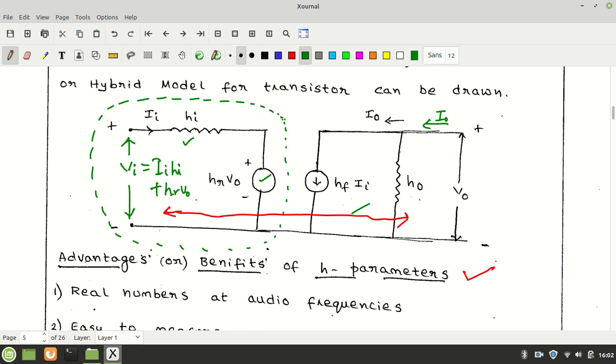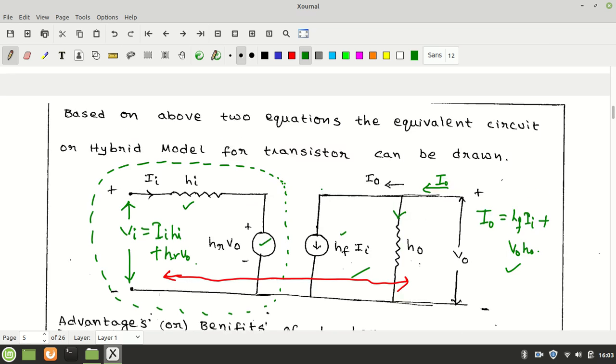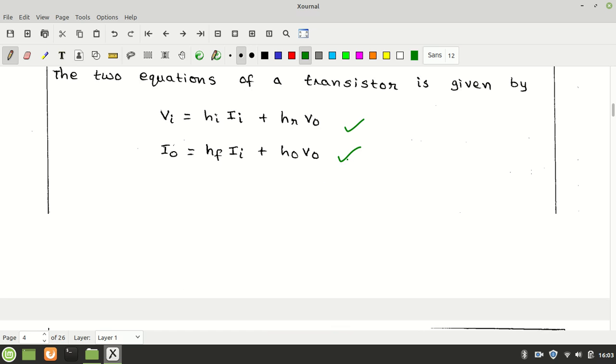So I0 is divided into two parts, one along this direction and another along this direction, which is the current source, Hf into Ii, because Hf has no dimension. So Hf into Ii is another current, and you can say this is a current source. So I0, according to KCL, is Hf into Ii plus, as H0 is the admittance, admittance into voltage, which is the current. So this is the second equation. You can see it is written above, yes, this one.